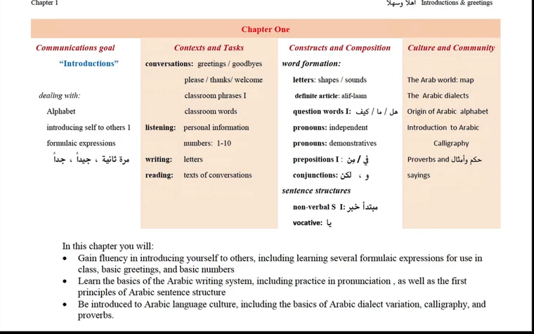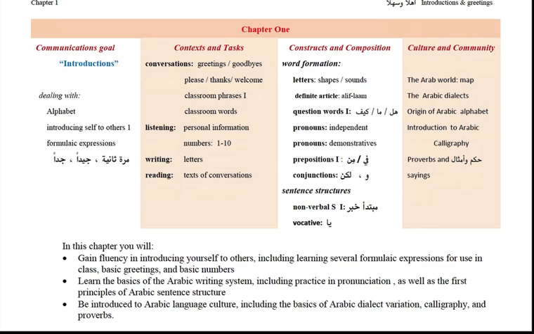The other part of a chapter, the second part, is called contexts and tasks. And these involve the particular contexts of use, the situations in which you learn the basic phrases and vocabulary which you use to reach the goal of the chapter. In chapter 1, for example, these simply involve situations in which you say hello and goodbye to someone, you ask someone for something, please, and then thank you.